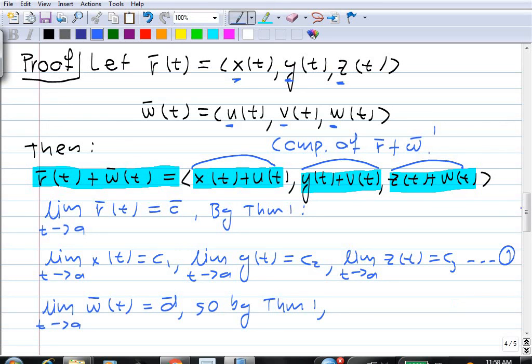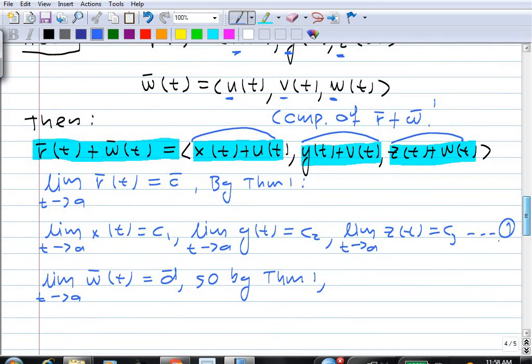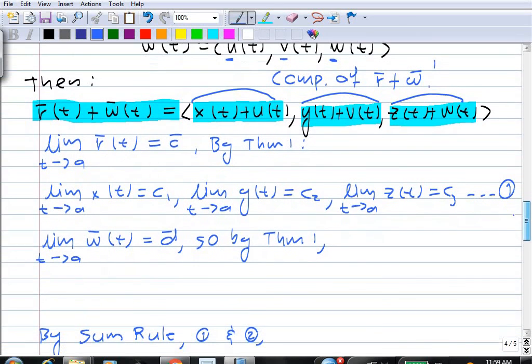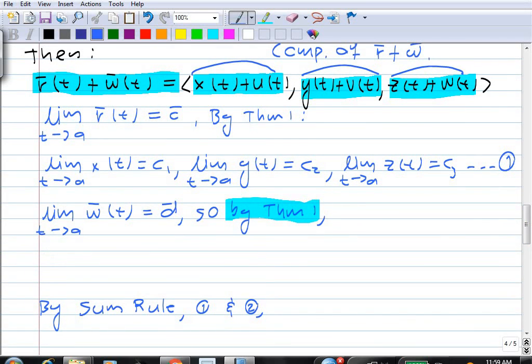Now we also know that the limit of w of t as t goes to a is d. So again, by theorem 1, we can go to the components of w. W has first component u of t, so that limit should be d1.